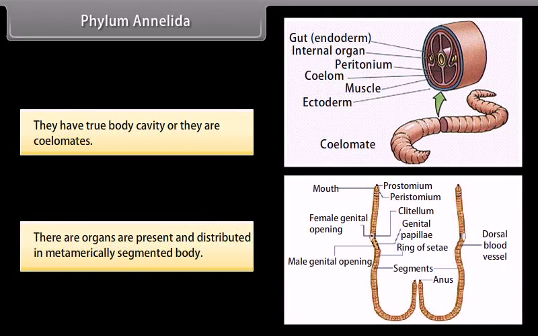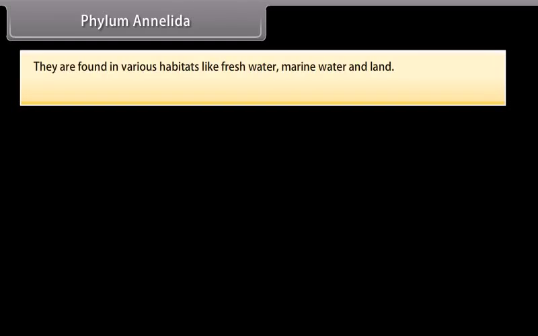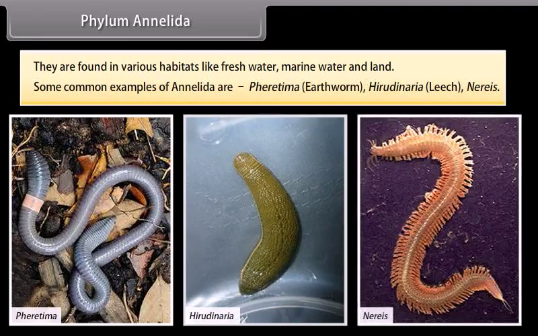There are organs present and distributed in metamerically segmented body. They are found in various habitats like freshwater, marine water, and land. Some common examples of Annelida are Pheretima, earthworm, Hirudinaria, leech, Nereis.